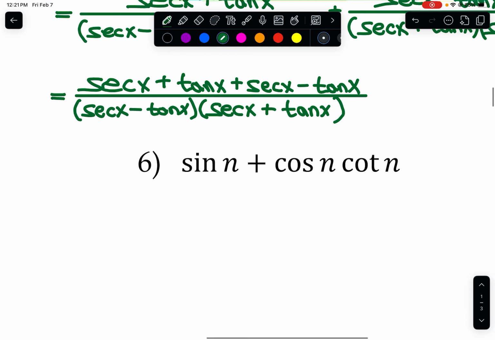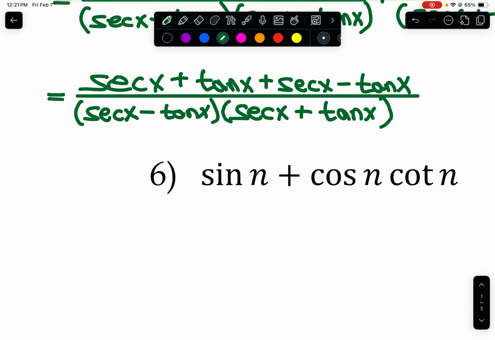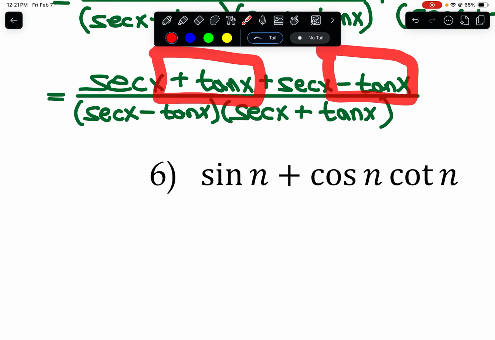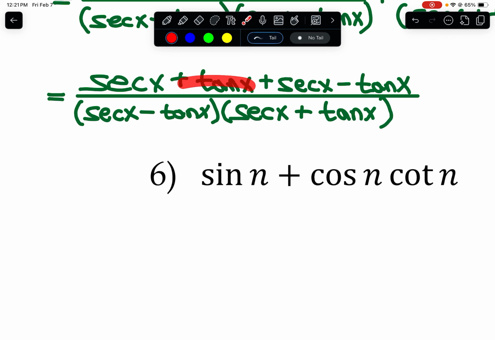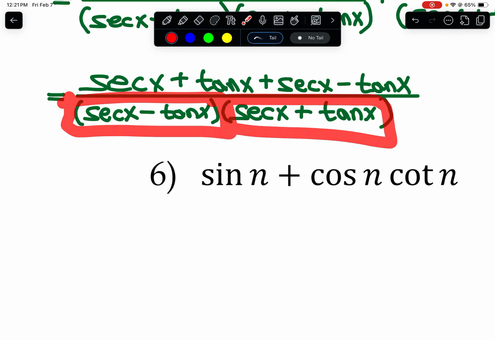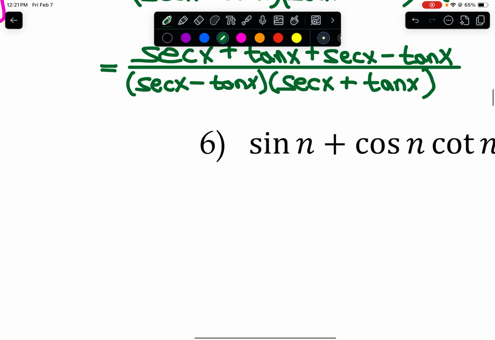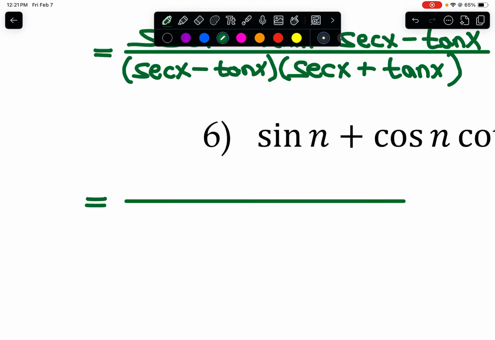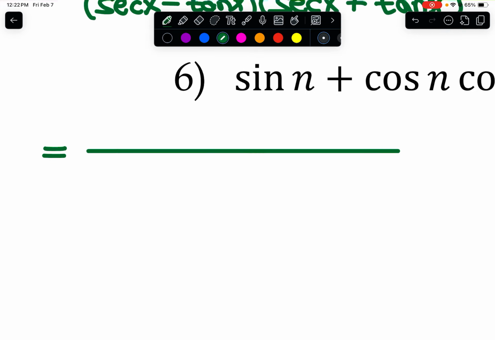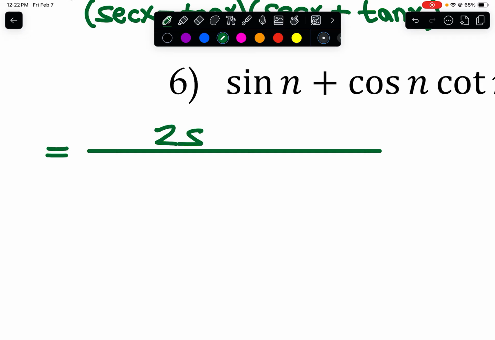Okay, so for this next part, notice how we're going to have a positive tangent x and a negative tangent x, so these are going to zero out. And then in the bottom, I'm going to multiply out the bottom. So the tangents in the numerator cross out, and we're going to have 2 secant x, because we have secant x plus secant x.